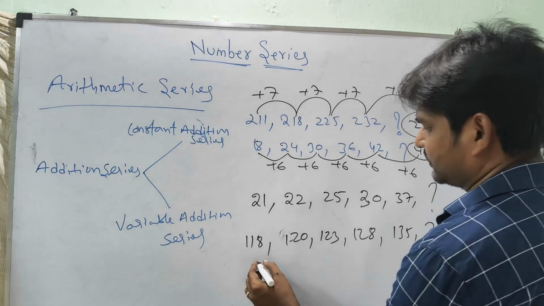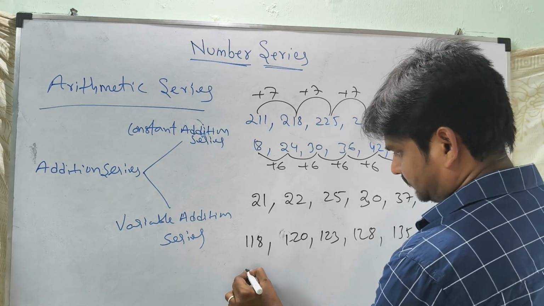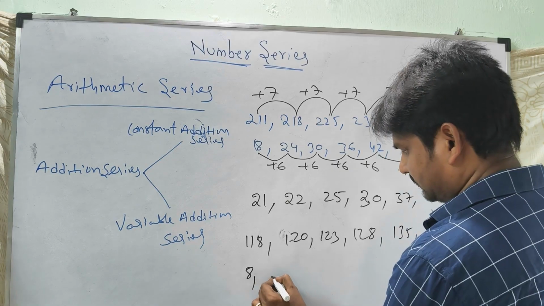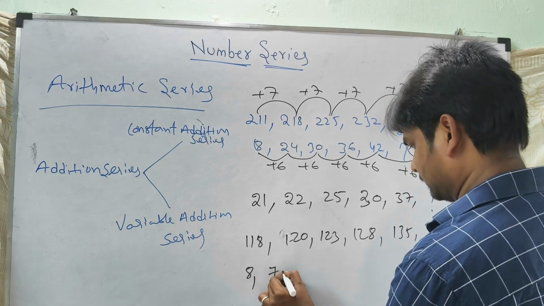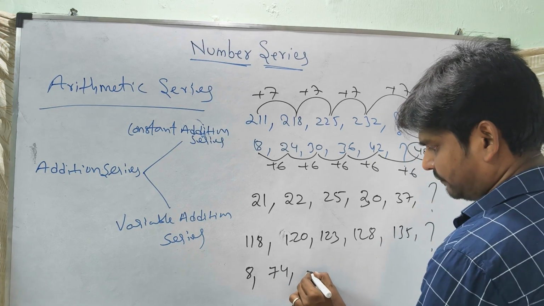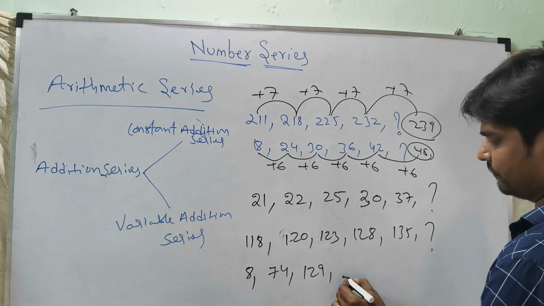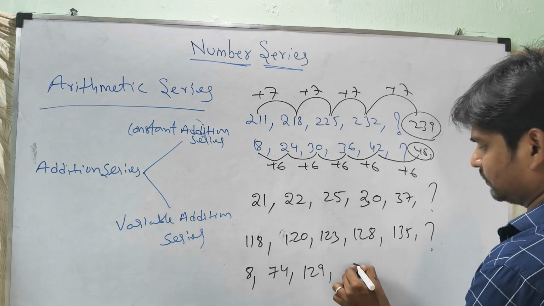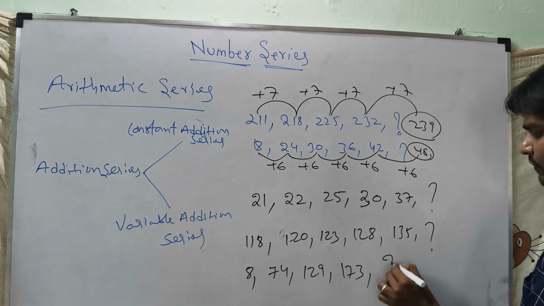One more example, see here: 8, 74, after 129, after 173. Okay, then after what?